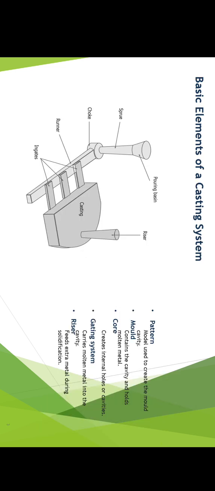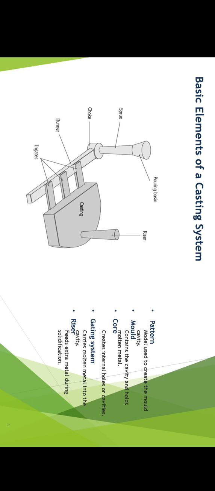The basic elements of a casting system include pattern, mold, core, gating system, and riser. Pattern is the replica of the required component, and it is used to create the mold cavity. Mold contains the cavity and holds the molten material.